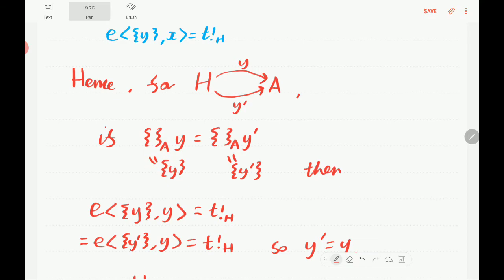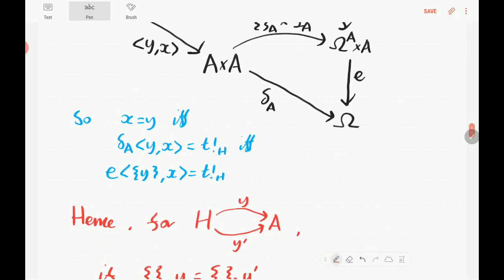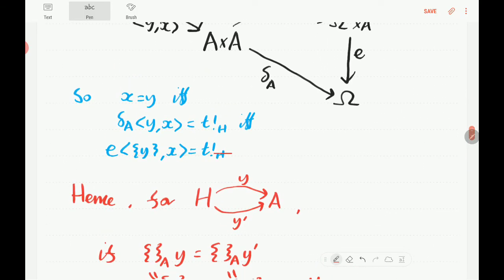So in other words, we're supposing that y in curly brackets equals y dash in curly brackets. Well then, doing the evaluation arrow on y in curly brackets comma y, that's going to send everything to true because the thing in the curly brackets is equal to the other thing, and therefore these two things inside are equal.